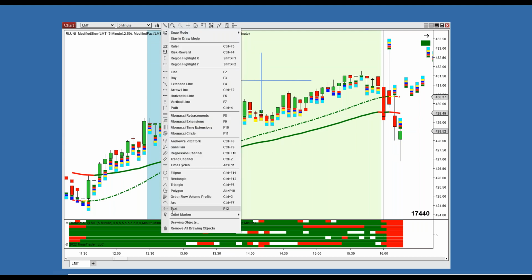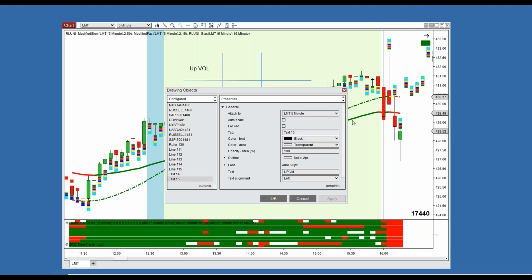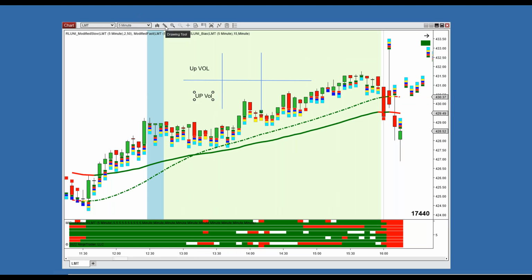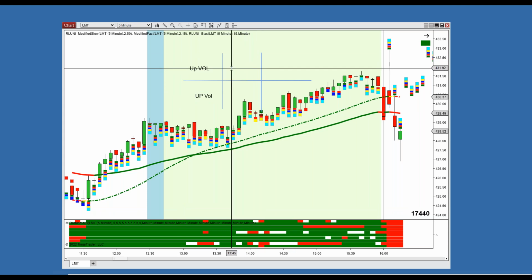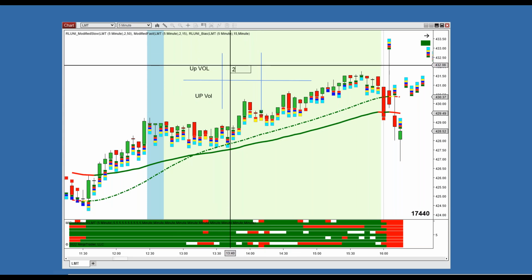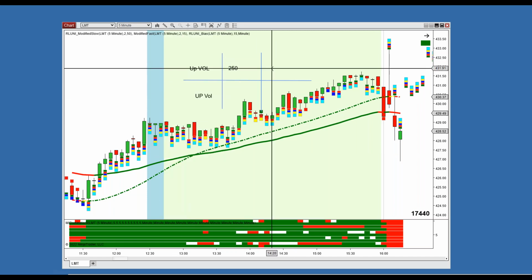Here's up volume. Now, we know that the mean is going to be 250 up, 250 down. I probably labeled it wrong. 250 down.